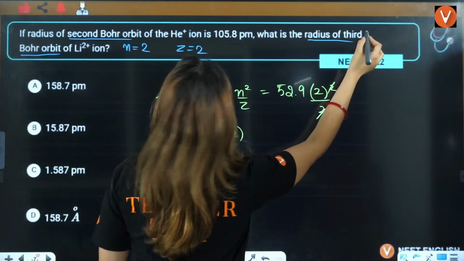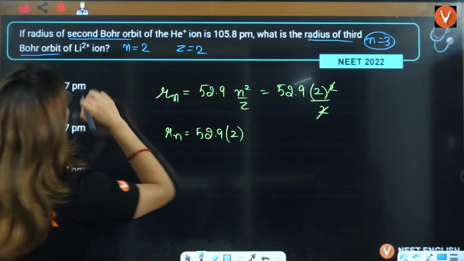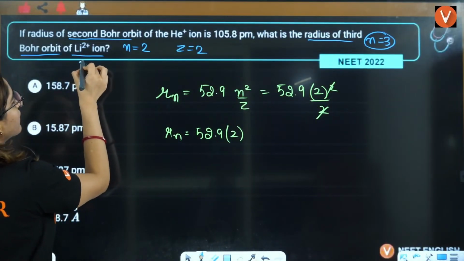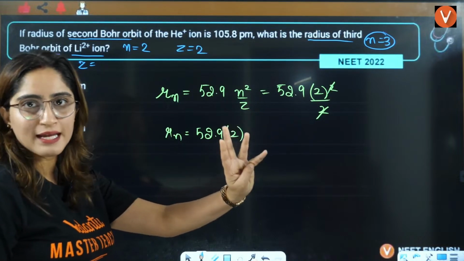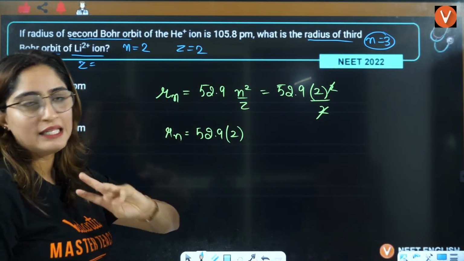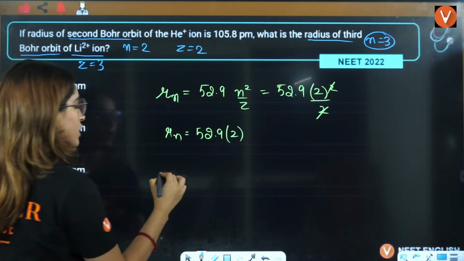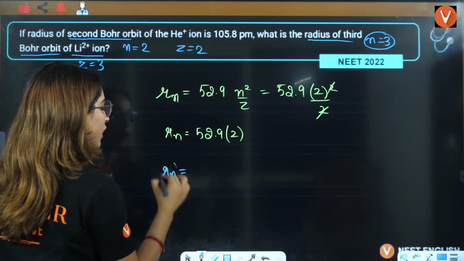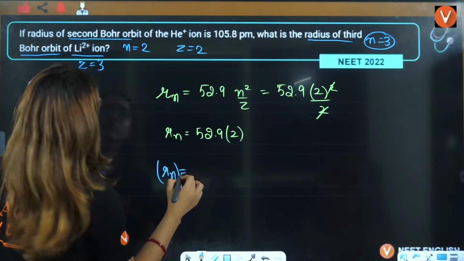What is the radius of the third Bohr orbit? So n is equals to 3, right? Lithium is what? Hydrogen, helium, lithium. So can I say here Z is equals to 3. So Rn is going to be for lithium 2 positive, right?